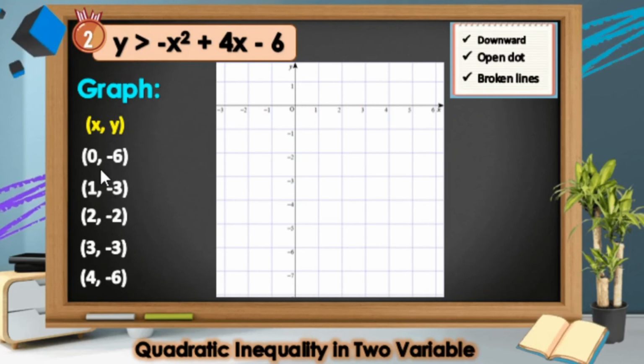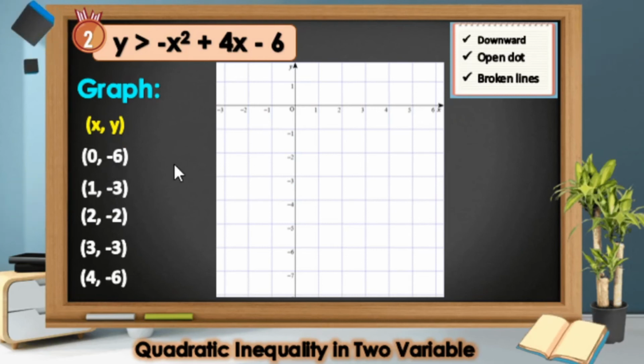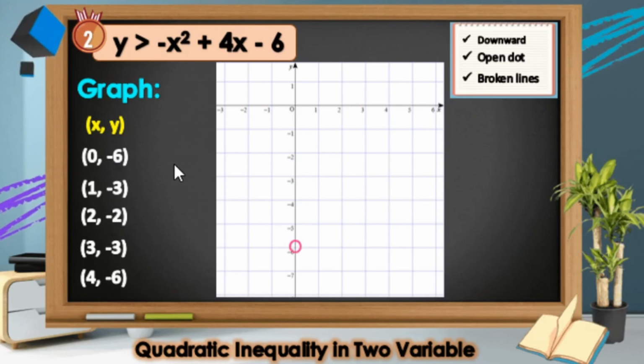So, 0 and negative 6. So, x is 0 and y is negative 6. So, ayan, magiging dyan ang ating point. And then, x is 1 and y is negative 3. So, ayan, magiging dyan yung ating point. Next is 2 and negative 2.